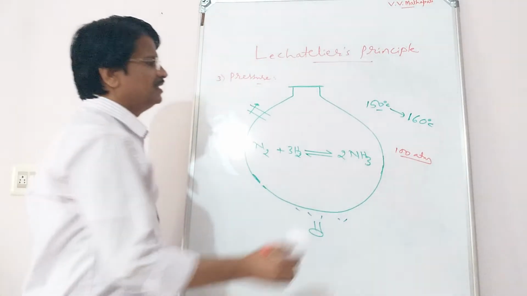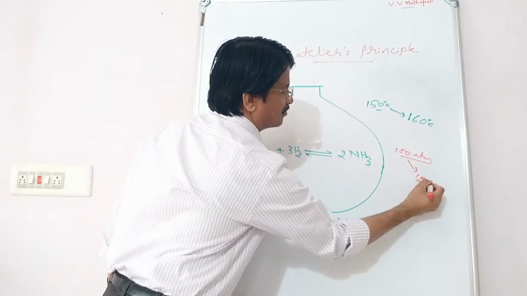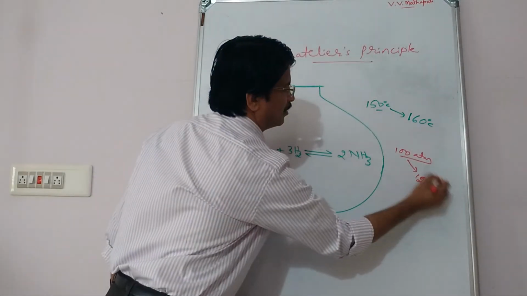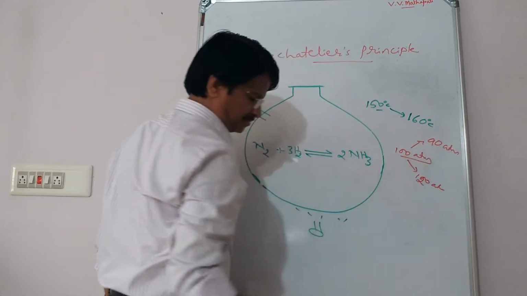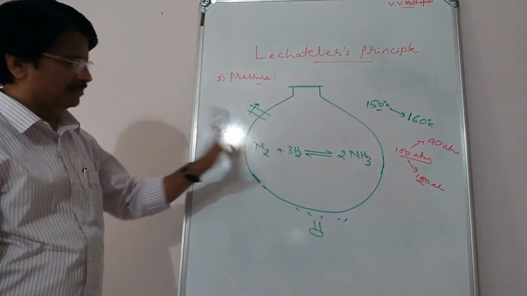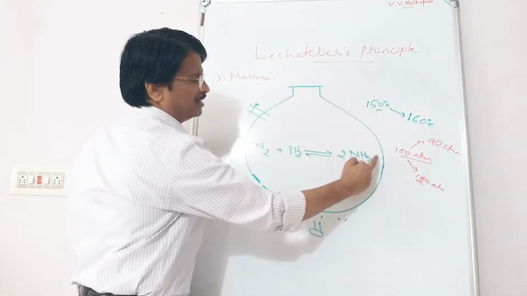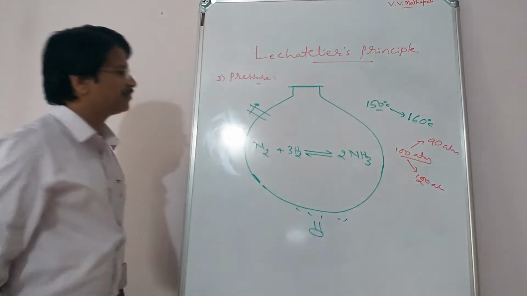Then when you increase the pressure or decrease the pressure, what happens? Increase or decrease the pressure on this equilibrium. For the effect of pressure, temperature and the heat term are not necessary.